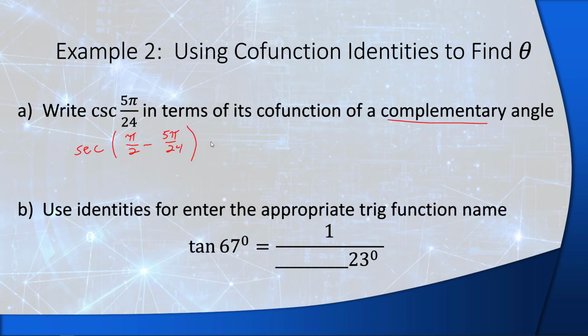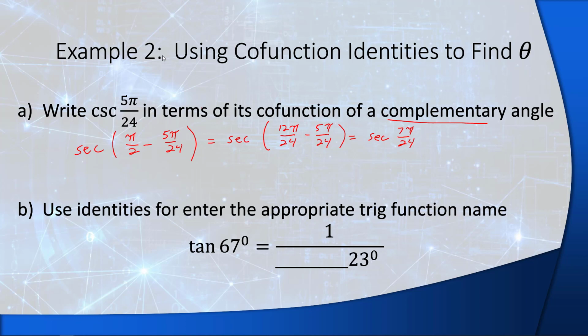All right, and we can just do a little work on this. This will be equal to secant of 12 pi over 24 minus 5 pi over 24, which will give us the secant of 7 pi over 24. And there you are.